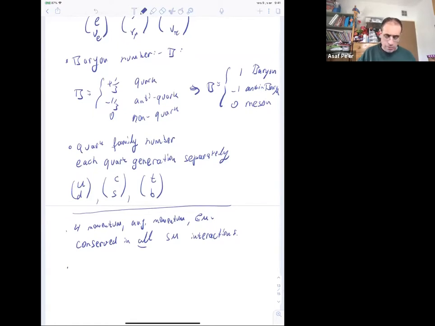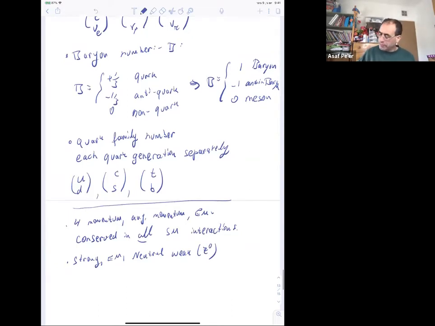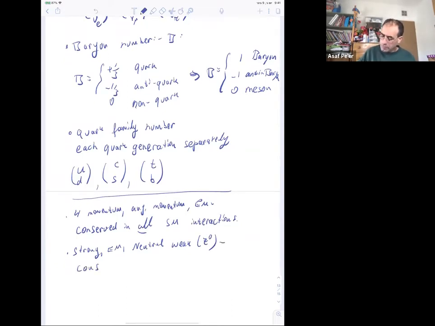Now, the strong, electromagnetic, and the neutral weak, so those interactions mediated by the Z boson, they conserve flavor. And if they conserve flavor, that means that all other quantum numbers are also conserved.